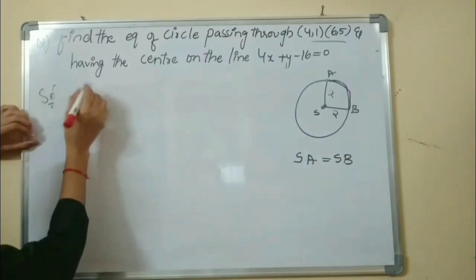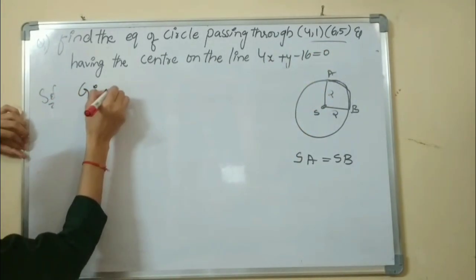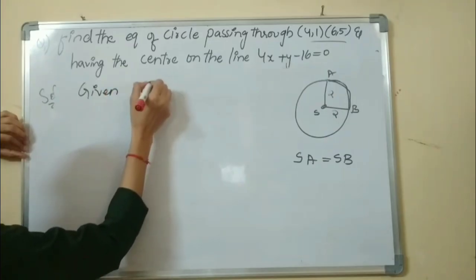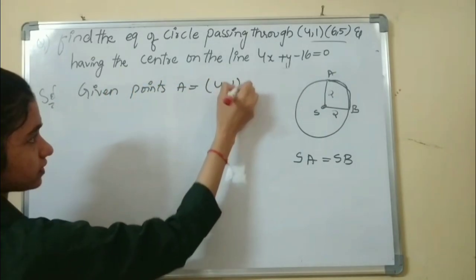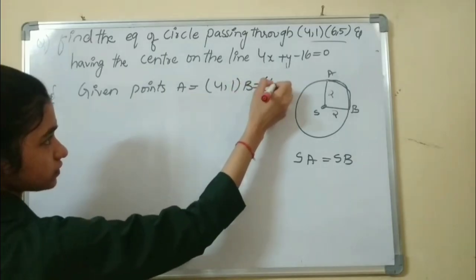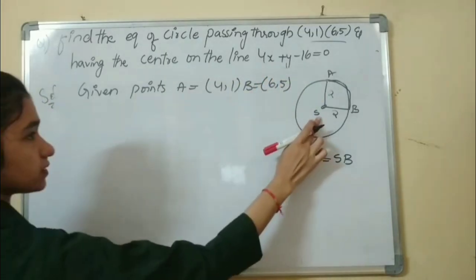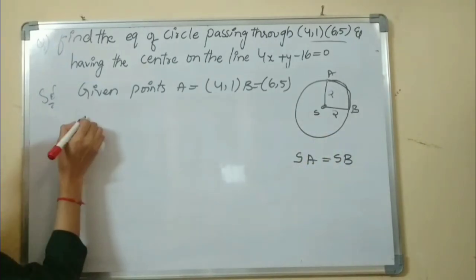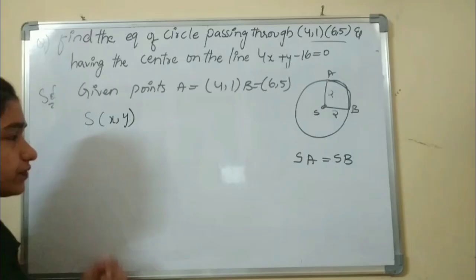Now we are going to solve. Firstly, I'll take the given points: A equals (4,1), B equals (6,5). Now the center, I'll take the center as S(x, y).